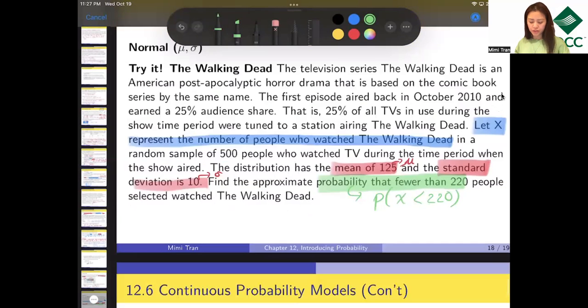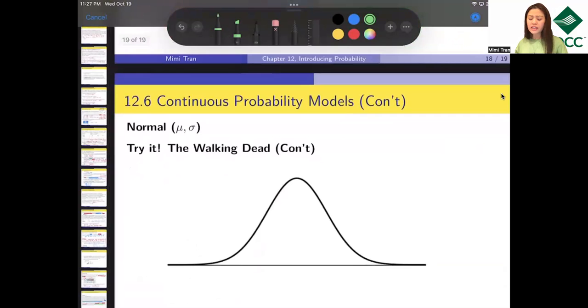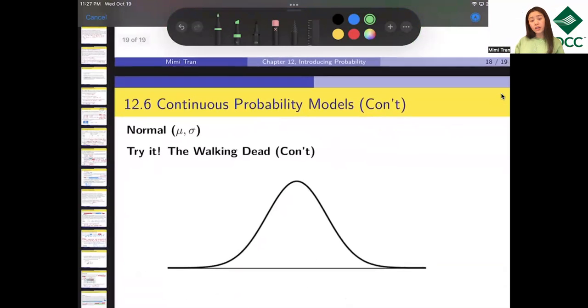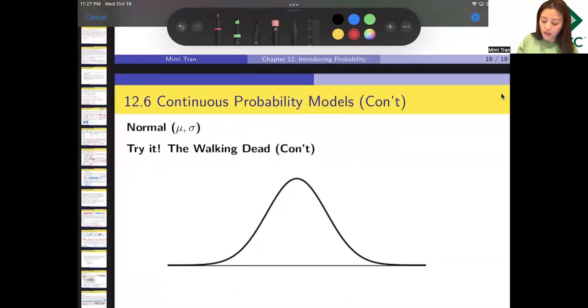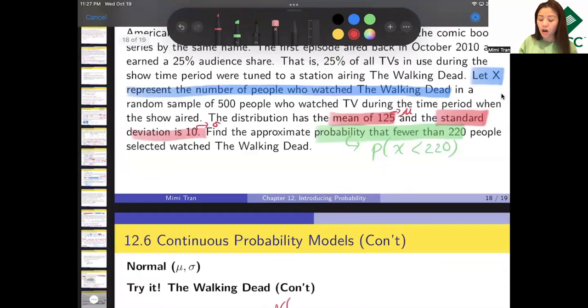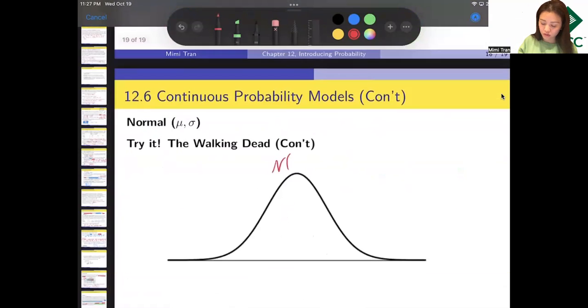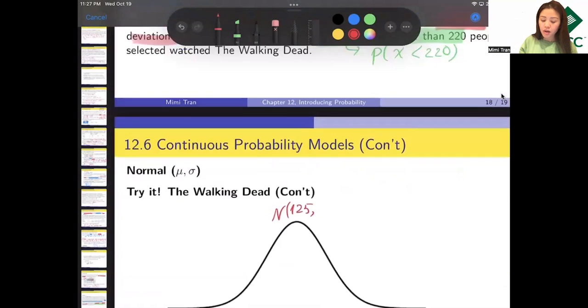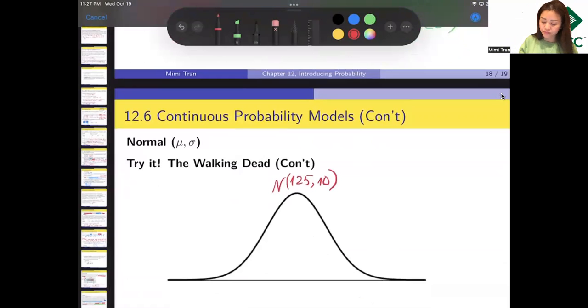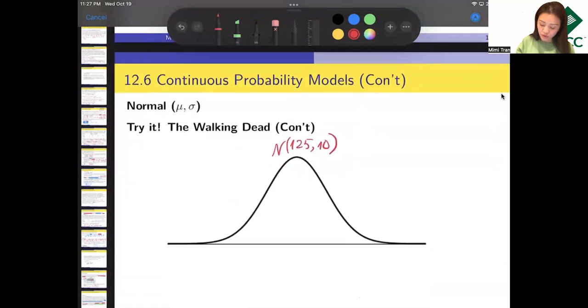So let's draw some picture. Here is the distribution of the number of people who watch The Walking Dead. It has a normal distribution, so you're going to fill out N of mu comma sigma. Mu here is 125. Sigma is 10. Mu is your mean, your average, right there in the middle, 125.